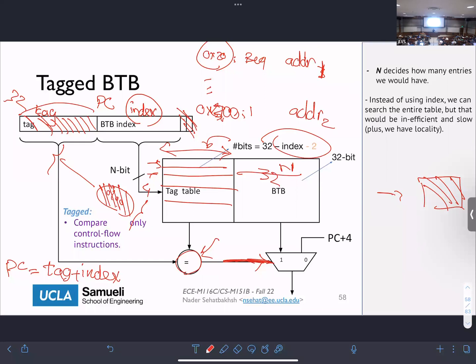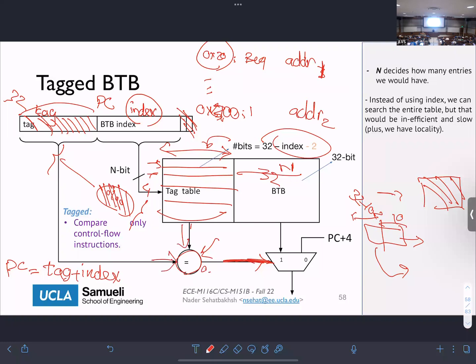So the question is that when the new PC comes in, that address is divided into index and tag, and all those things will happen. Yes. But basically, that's again a wiring thing, right? So your PC is your register. What you do is that you're reading the first, so let's say 10 bits, and use that in order to address that. And then you take the rest, 32 minus 10 minus 2 bits, as the tag, and you're going to compare it with whatever value you read from here. There will be a comparison here.